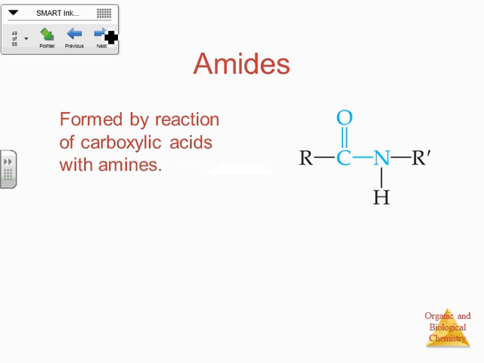Amides, that's going to be, again, on your carbonyl carbon, you're going to have a nitrogen attached to it. These are formed by the reaction of carboxylic acids with amines. Now, we still have to talk about what amines are. But amides, you're going to have this carbon-oxygen double bond, and then you have a nitrogen attached to it.